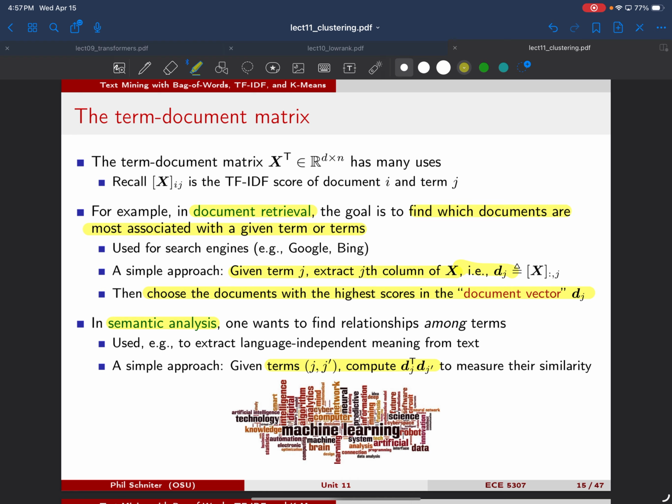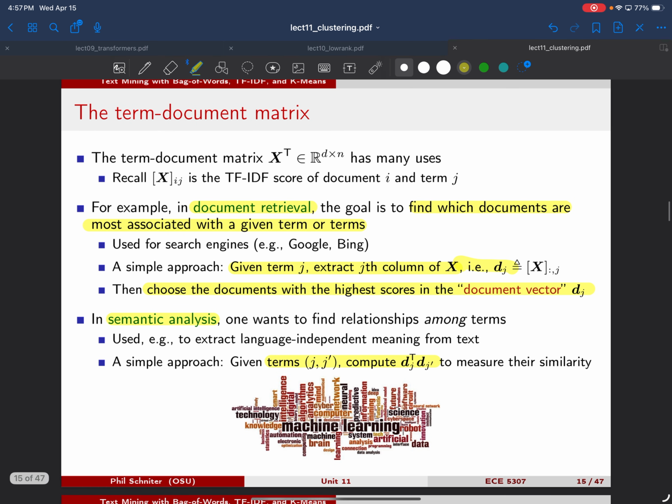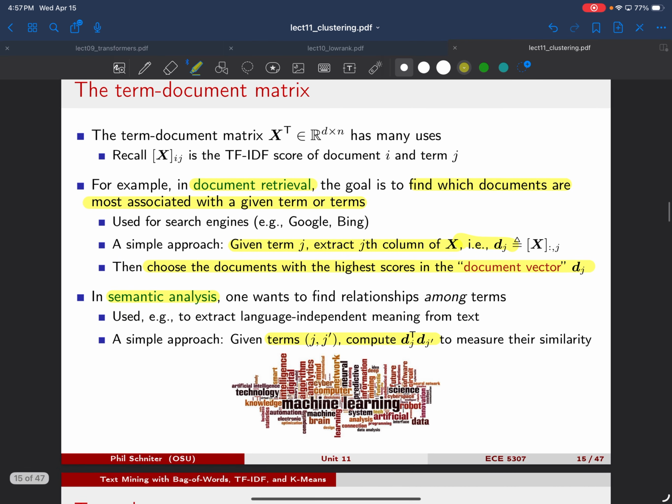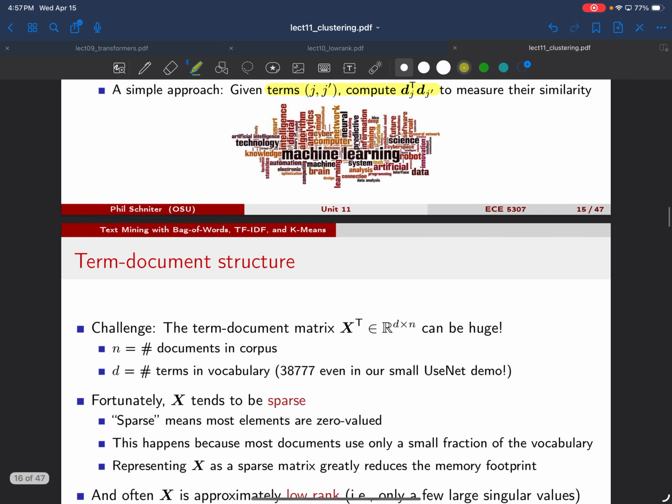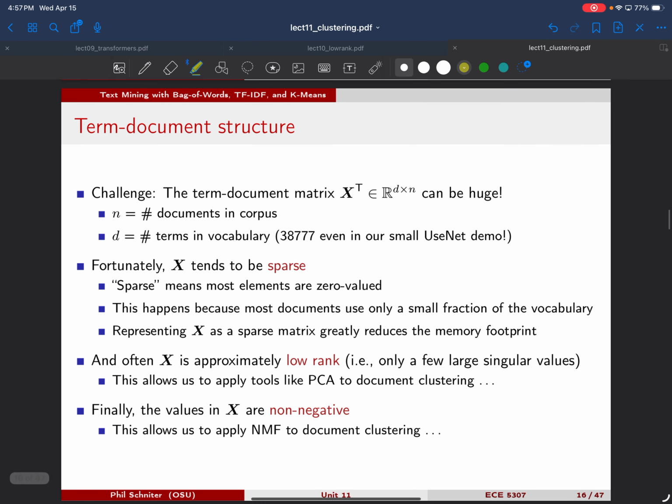So if you didn't even know a language, but you just had this collection of documents, you could start to kind of piece together what different things mean, how words relate to each other. Okay. We're going to use this term document matrix for clustering. All right. Okay, so a few comments now on this matrix.